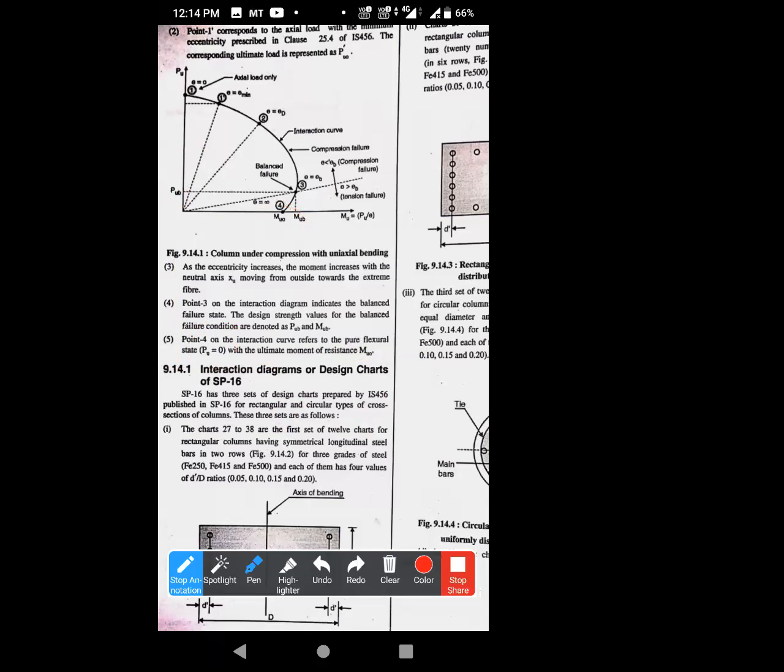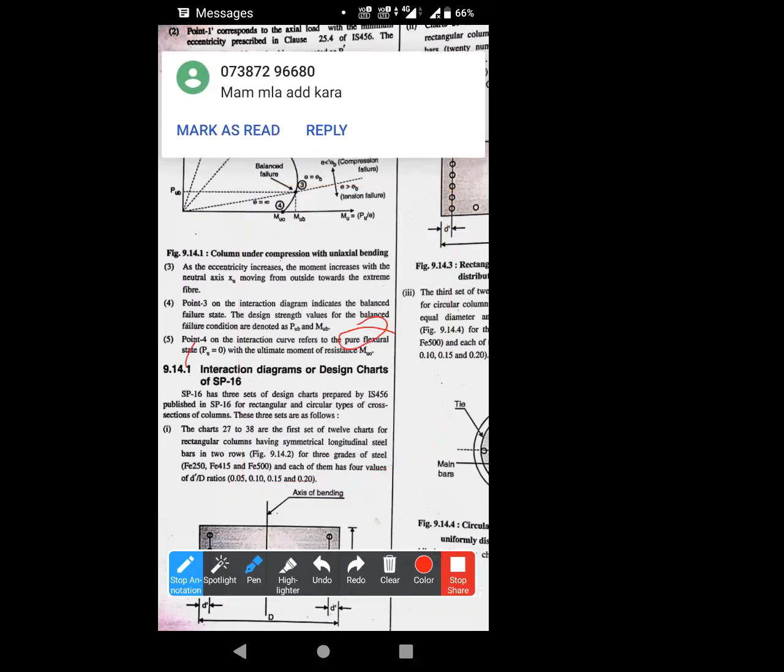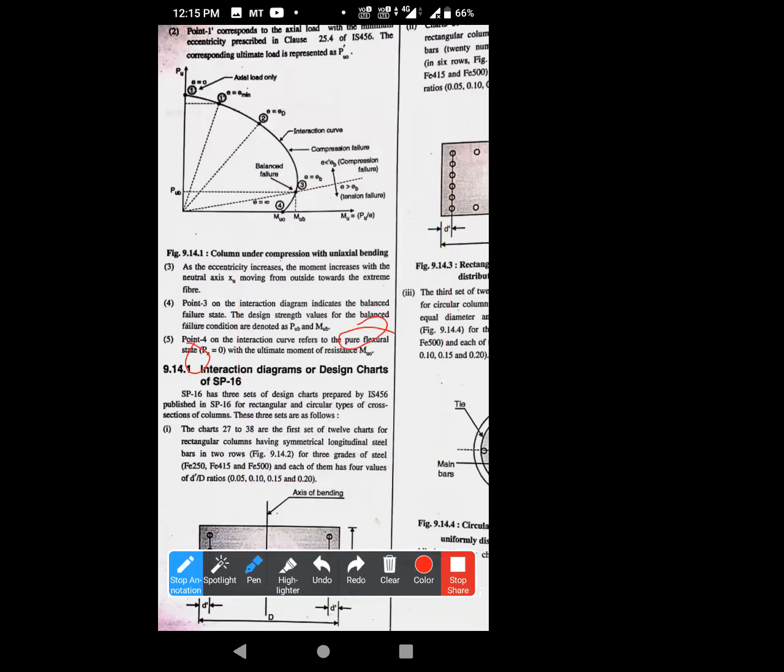The interaction curve here is a pure flexural state, meaning no axial force is acting and there is the maximum eccentricity value, where the load is far away from the center of the column. Therefore there will be a pure flexure state. This is point number 4.